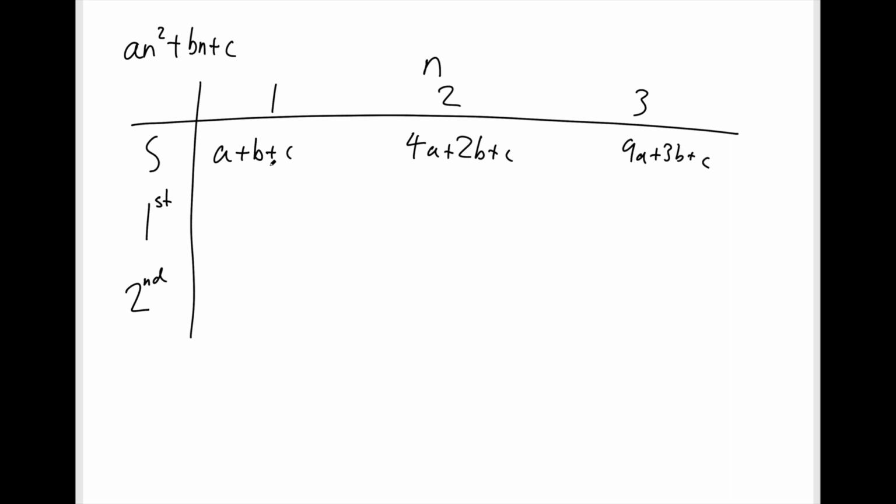And to find the first difference, what we need to do is subtract these, just like how you would do a normal sequence, where instead of these a's, b's, and c's, you just have 2 numbers, right? To find the difference of them, you need to subtract them. So likewise, we're going to do the same. This is going to be 3a plus b, and this is going to be 5a plus b, and therefore the second difference is just 2a.